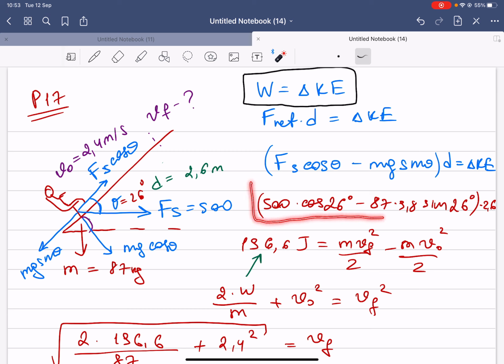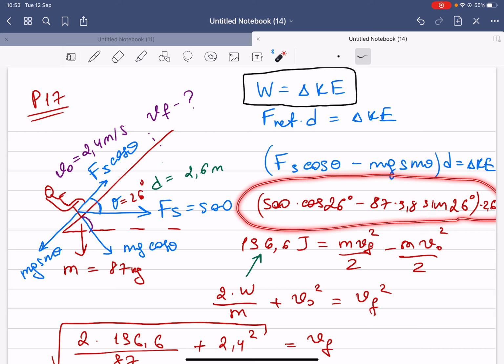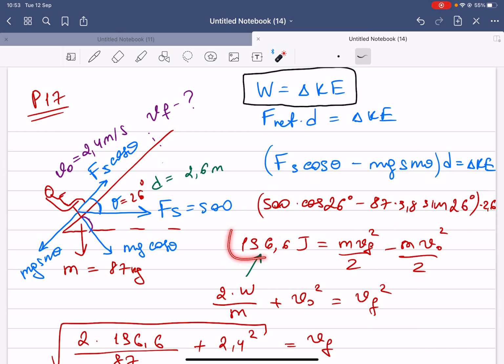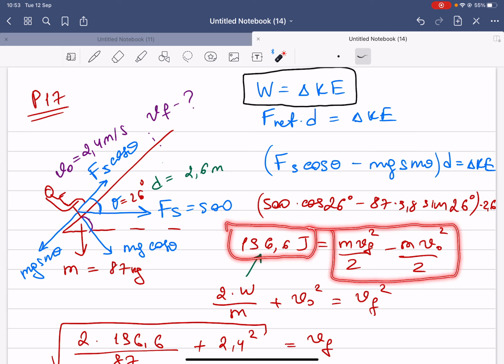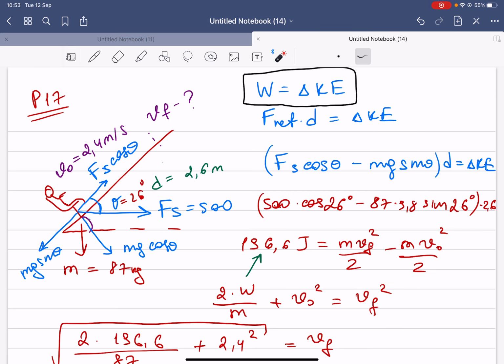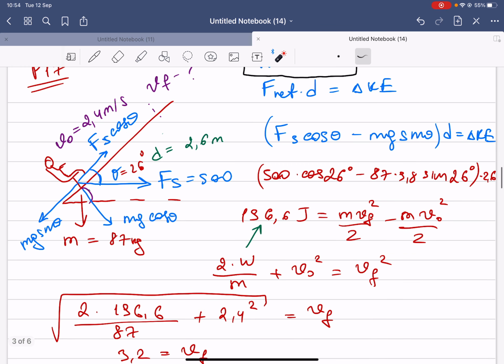You plug in the numbers and multiply, and you get that the total work done by all forces is equal to 169.6 joules. Now the change in kinetic energy is equal to m v final squared divided by 2 minus m v initial squared divided by 2. From there we have to find v final.